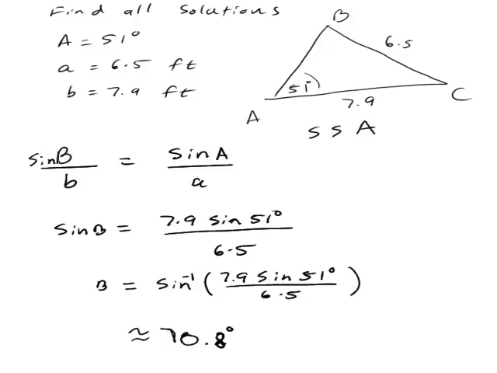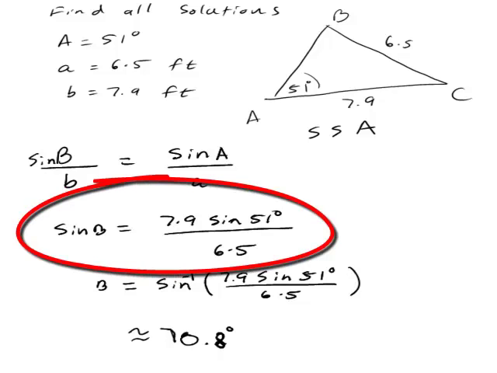Okay, 70.8 degrees. Okay, so now comes some explanation. Now, because we are using the inverse sine to find an angle, let's come back up to this, the second line down here. This piece right here.